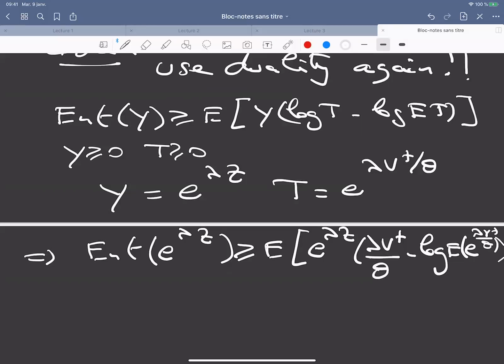Okay, so you have made appear the moment generating function of v plus over theta here. And you have made appear the quantity that you wanted to bound, that is the expectation of v plus times exponential of lambda z.